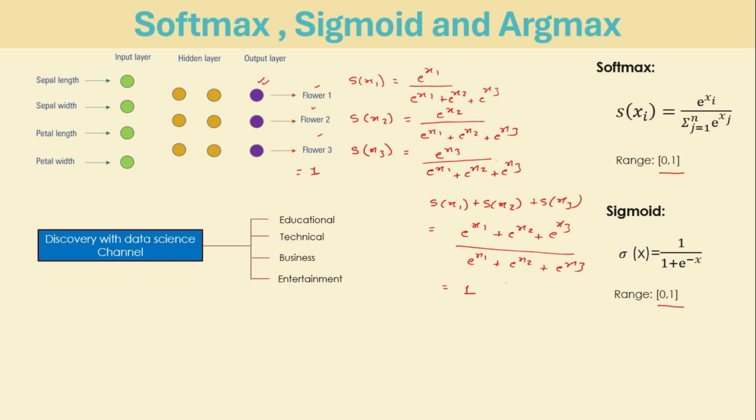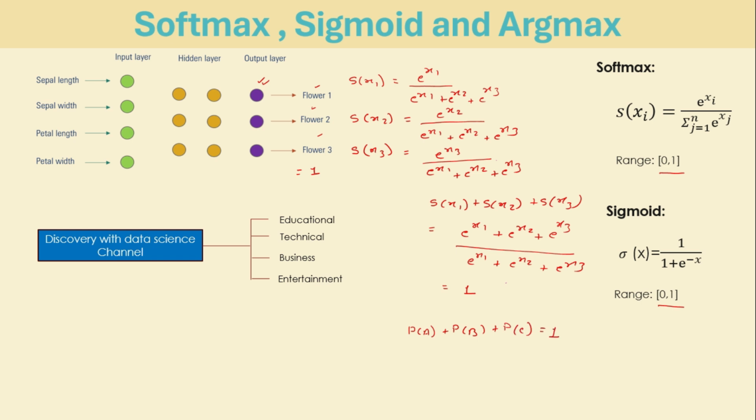If we consider the output as a probability, probability of A plus probability of B plus probability of C becoming 1 is the case of mutually exclusive events. It's only in the case of mutually exclusive events that we get probability of A plus probability of B plus probability of C equal to 1.